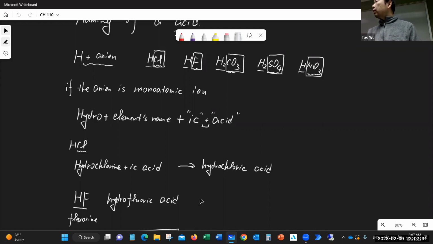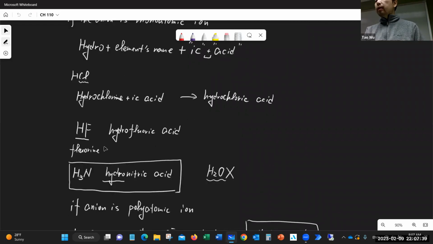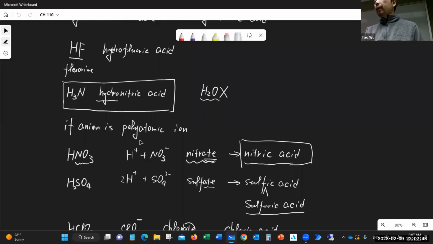Okay, so with the monoatomic ion, we always add hydro in front. But if the hydrogen combined with a polyatomic ion, then that's different. We're not going to add hydro. Instead, you just need to look at the anion's name. If the anion ends with ATE, then you change the ATE to ic acid.